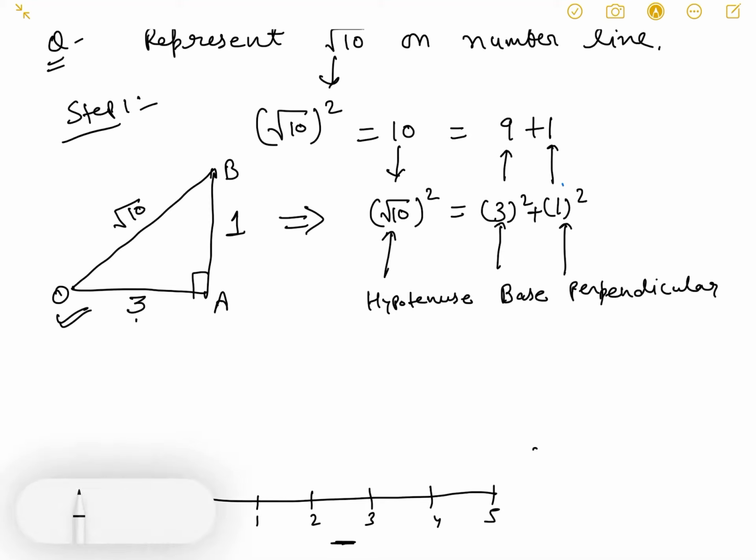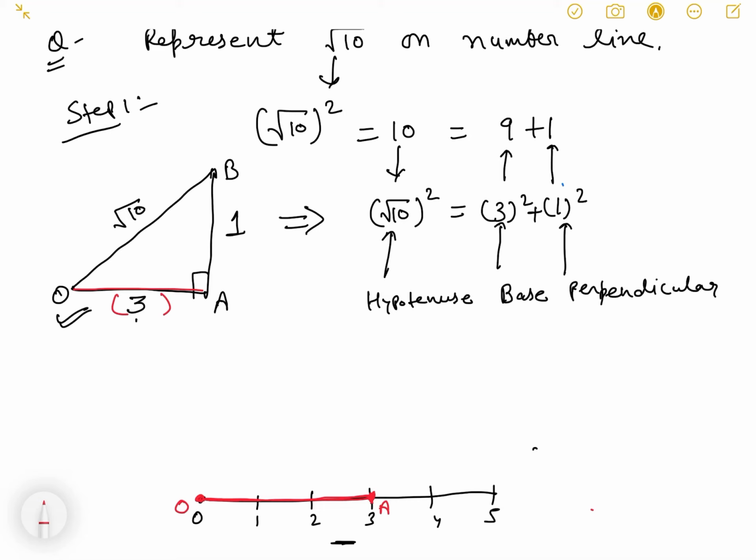Right. So I'm going to change my pencil color. Now I'm going to name this point O, and what is the size of OA? 3. Okay, so we will draw a straight line of 3 centimeters and make our base OA.